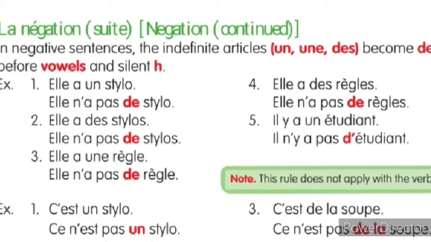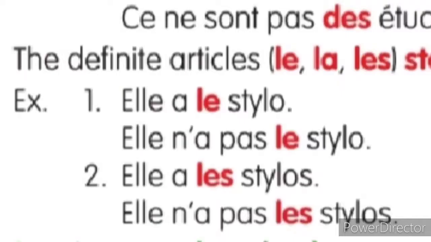But if the verb is not avoir, for example, if the verb is être, for example, c'est un stylo, it is a pen. The negation will be it is not a pen, because here the verb is être. So you are not supposed to use de or d apostrophe.